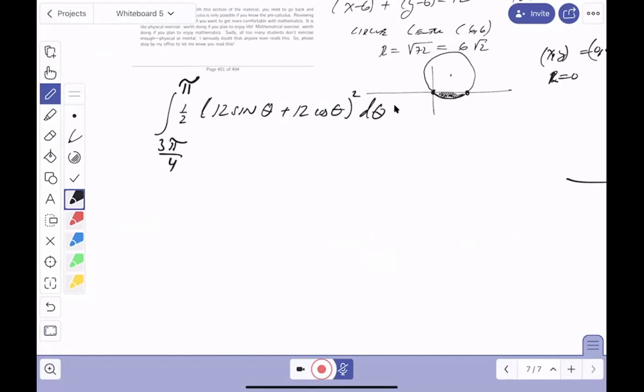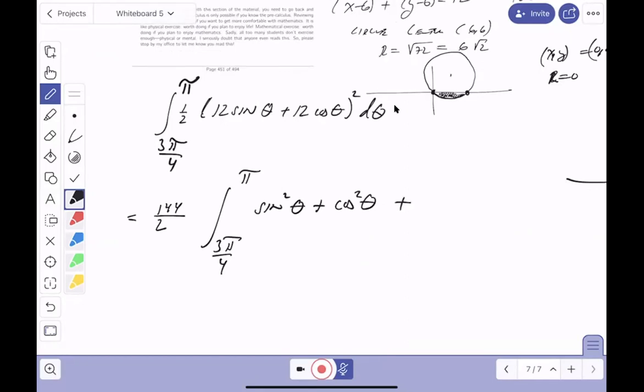I got to do some arithmetic now, and it's going to be crazy for me to do it. So 1/2, I'm going to factor out 12 squared, which is 144. 3 pi over 4 to pi. This would be sine squared theta plus cosine squared theta.